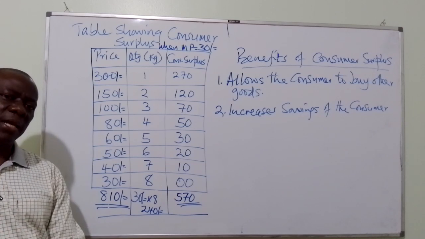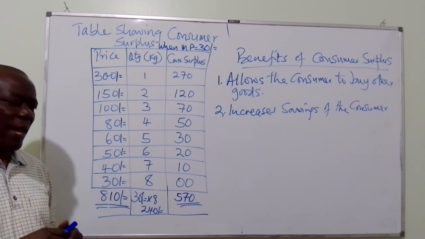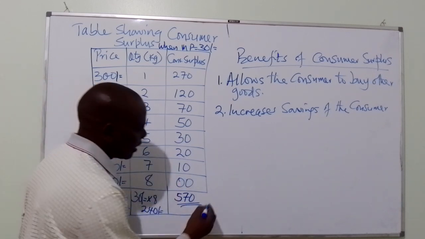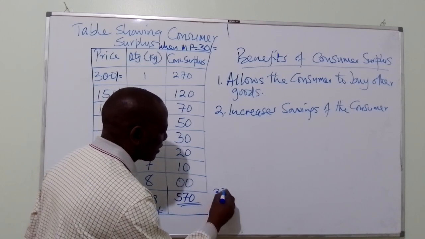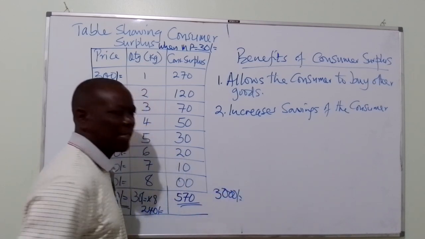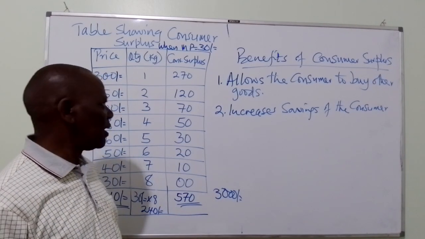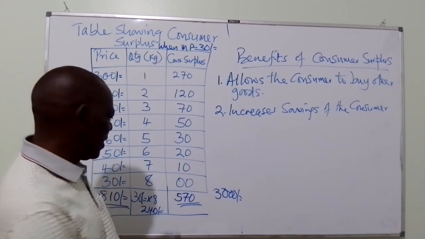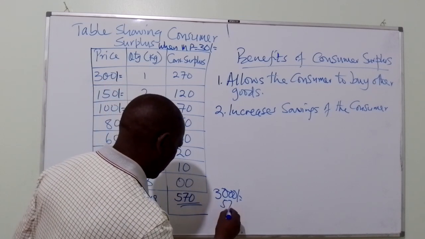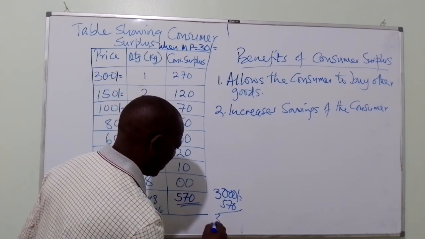He had put aside some savings. Assuming he had put aside 3,000 shillings as his monthly saving after looking at all the expenditure. After buying sugar, he has added on the savings 570.